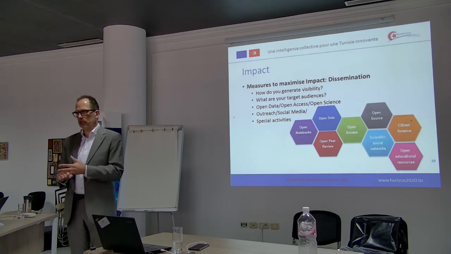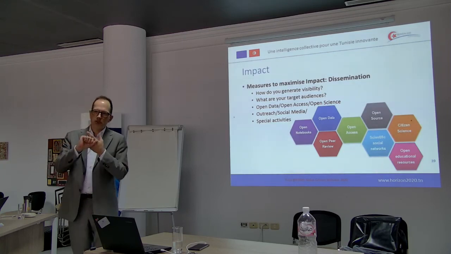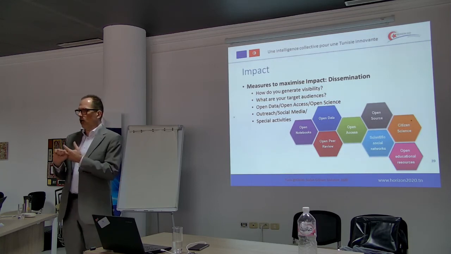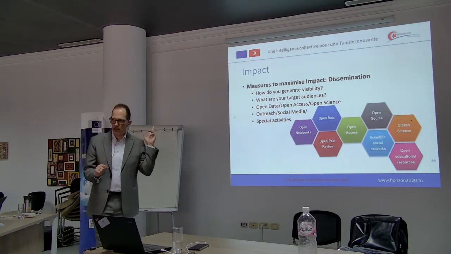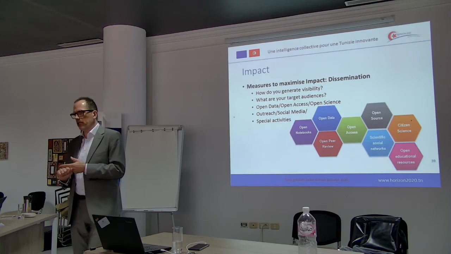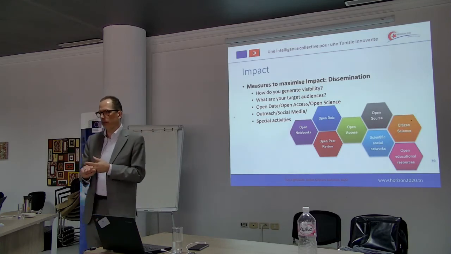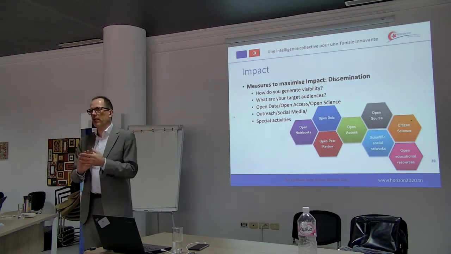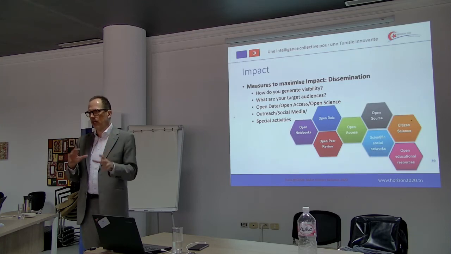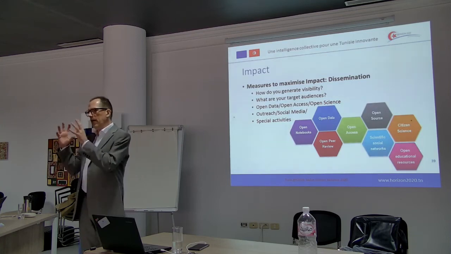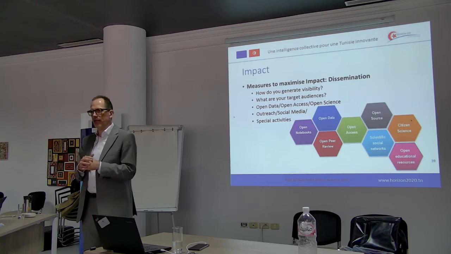Public repositories? Will you put your publications on the European repository for publications, which is obligatory? So there's a huge section on how you handle your data, how you publish, and how you make your data accessible and exchangeable.